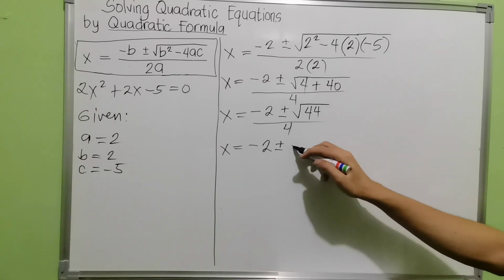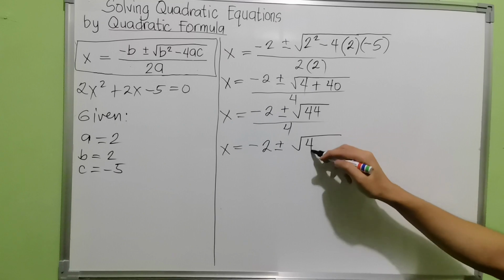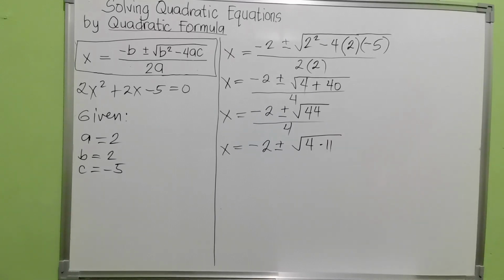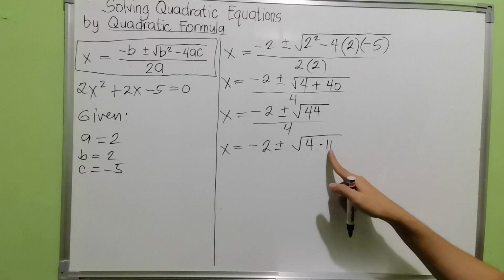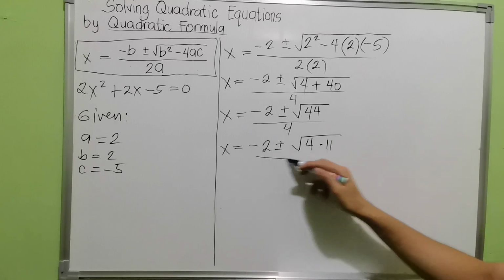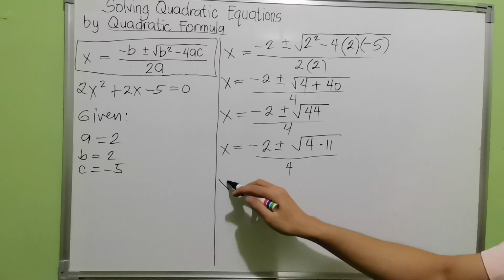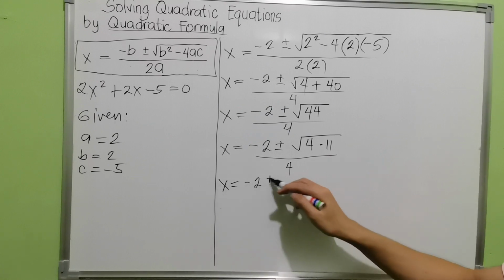The factors of 44 are 4 times 11, where 4 is a perfect square and 11 is not, divided by 4.